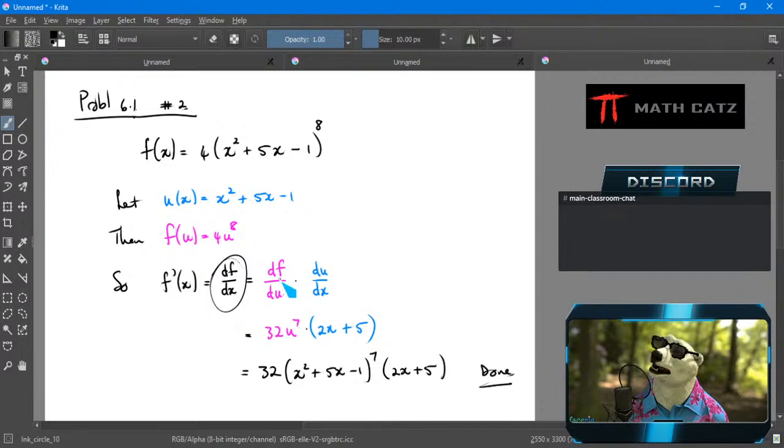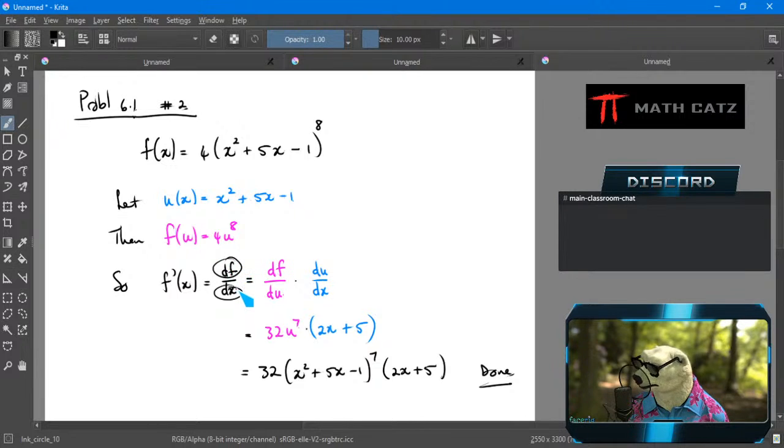However, there is an argument and there is a way to prove that if I see this as a fraction, and I forget what this is and pretend it's a fraction, it turns out that these little guys, called differentials, actually follow the same rules as fractions.